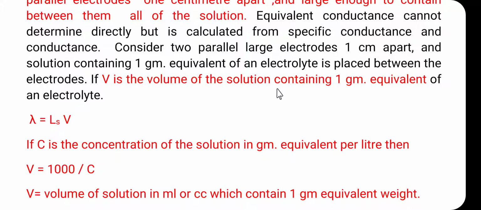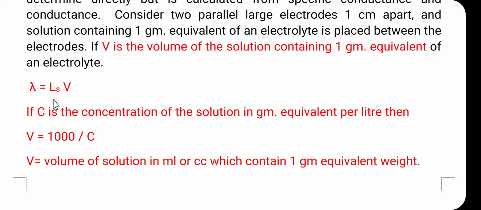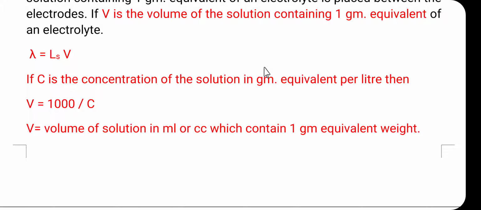If V is the volume of the solution containing 1 gram equivalent of the electrolyte, then lambda is equal to Ls into V. Lambda is the equivalence conductance, Ls is the specific conductance, and V is the volume of the solution containing 1 gram equivalent of the electrolyte.